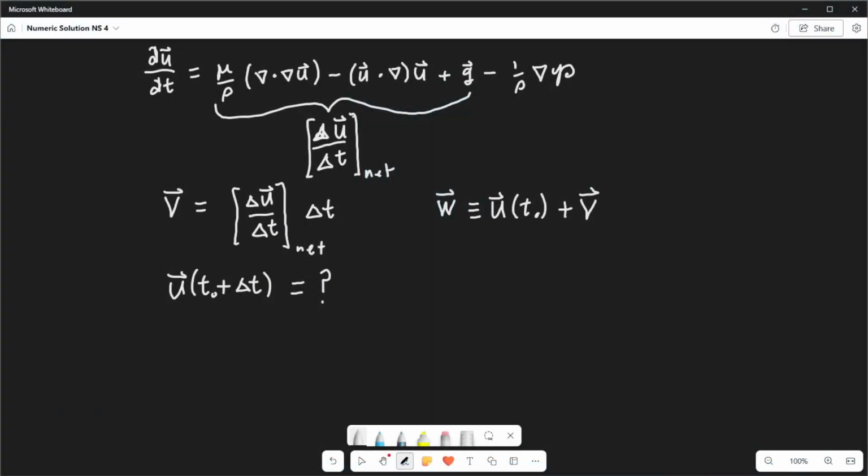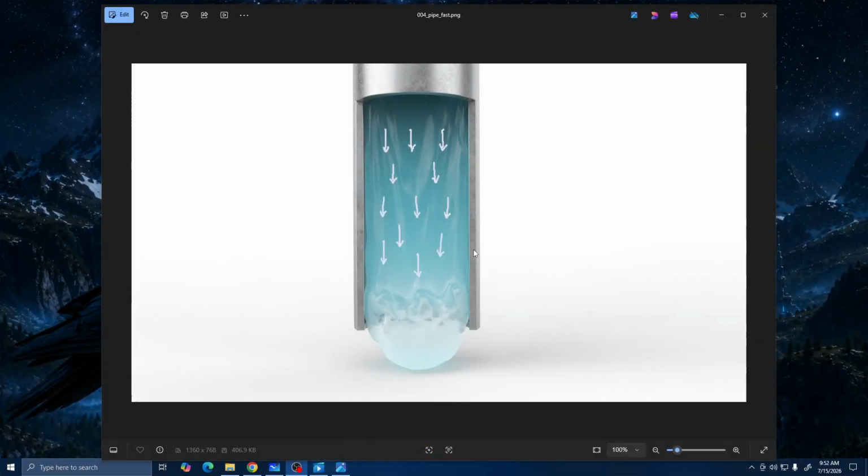For the pipe, all that has to happen is this net force has to be computed. There's actually no pressure in it. The additional velocity per time step is just added to the velocity field at the beginning of the time step, and it just continues to accelerate downwards. So this is a trivial case for the pipe.